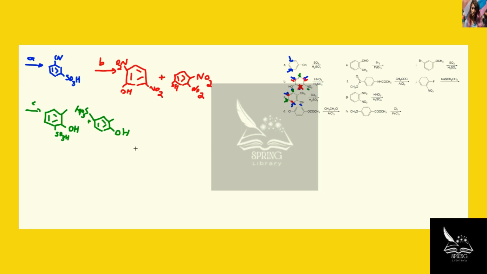And now we can move on to D. So in D, what do we have? Well, we're going to have Friedel-Crafts acylation occurring.